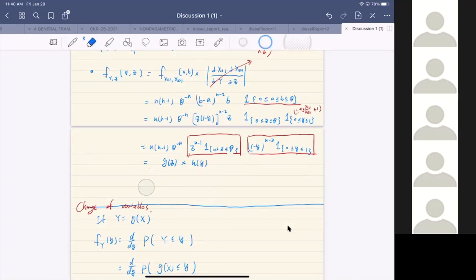Then the density of z is the integral of f(y,z) dy, which is the integral of g of z times h of y dy. This equals g of z multiplied by a constant.